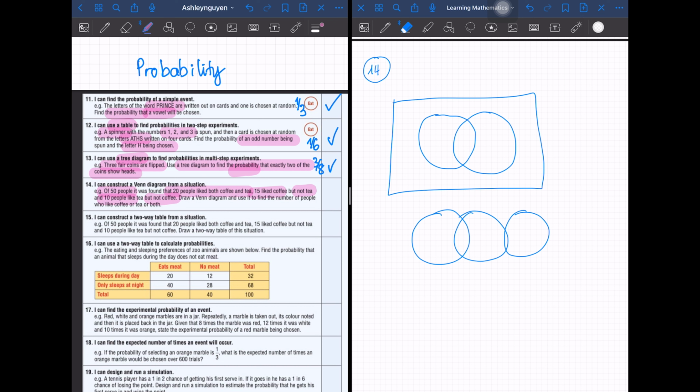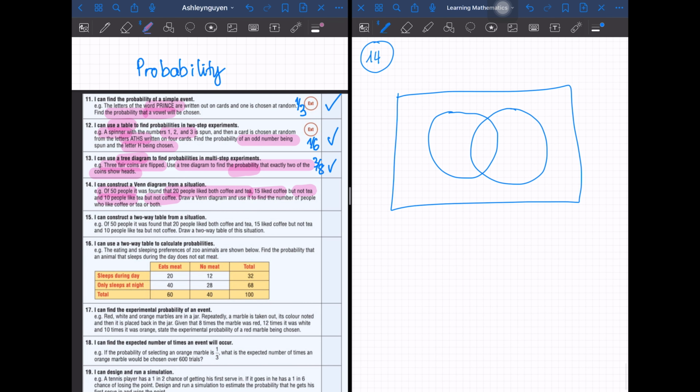No, please do not do that. I want 2 overlapping circles. If the 2 events do not have any intersection, the 2 circles do not overlap each other, that should be okay. So putting here, people who like tea and people who like coffee.